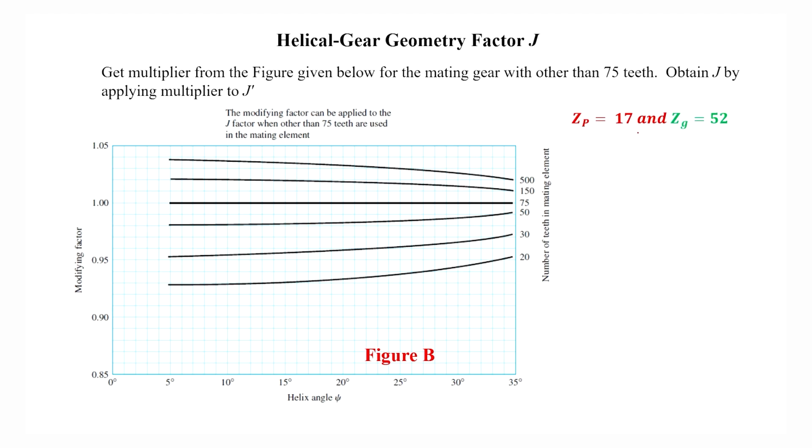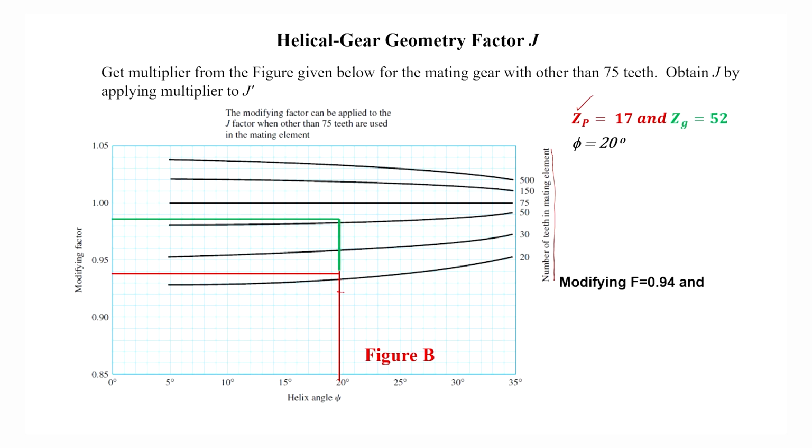Knowing ZP as 17, ZG equal to 52 and the helix angle as 20 degrees, from the 20 degree line we will find the value corresponding to the number of teeth in the mating element. For the pinion, we have to extrapolate to get the value of the modifying factor for number of teeth equal to 17, and that is shown here.